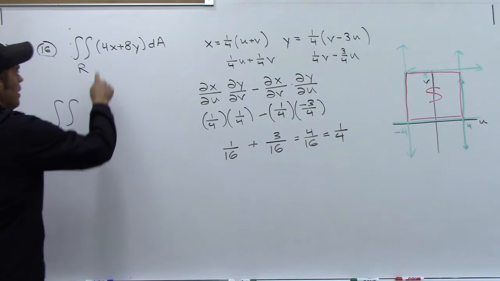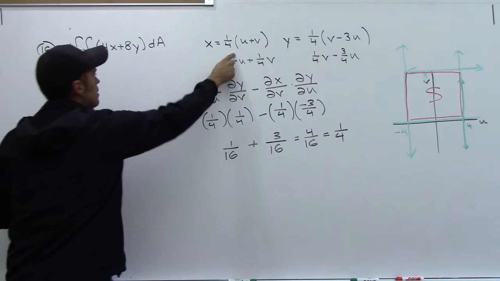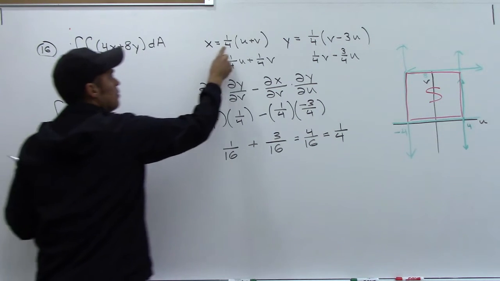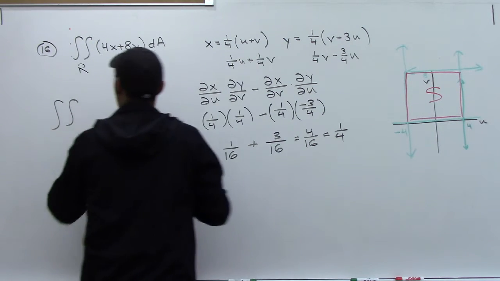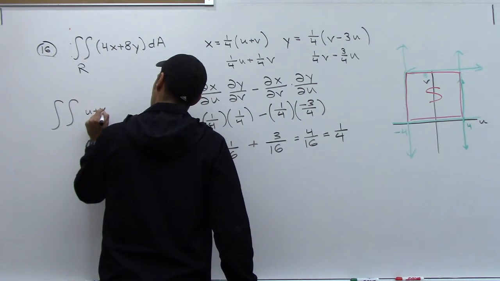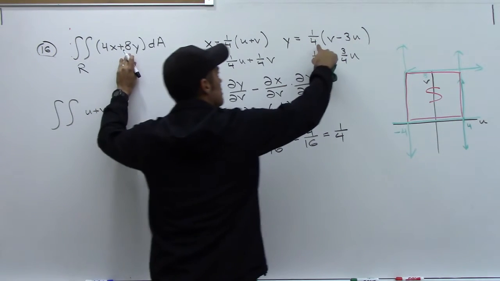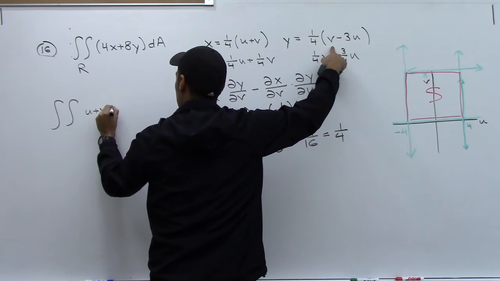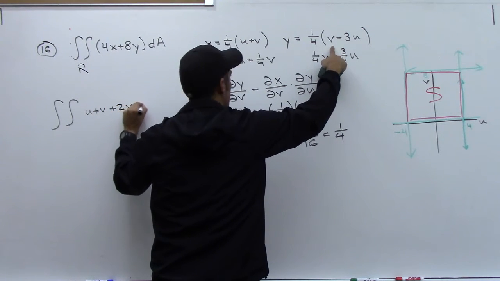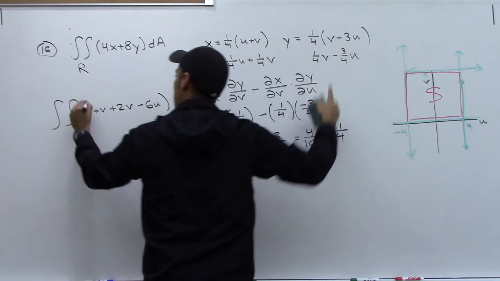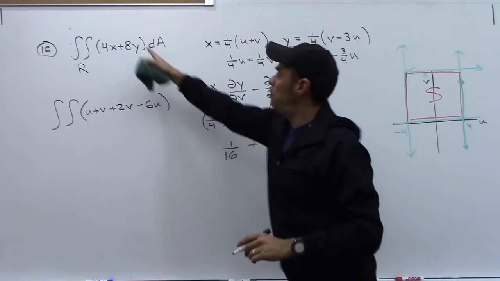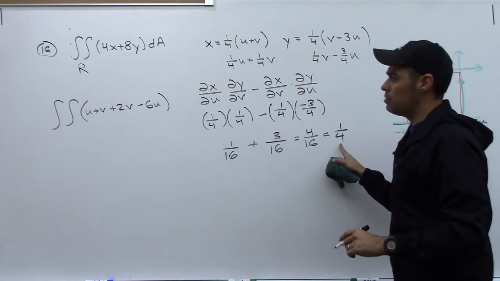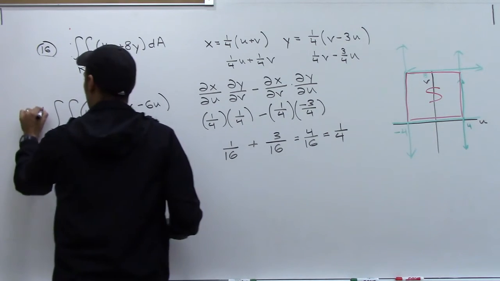So I know that I'm going to have a 1/4 I'm going to have to put in here. I have to rewrite this in terms of this. So what's 4 times x? Well, it's 4 times this. The 4's go away. You just get u plus v. What's 8 times y? Well, it's 8 times this, so 8 over 4 is 2. Distribute a 2 through. You should get 2v minus 6u. Now, that's this replaced. Now, the Jacobian determinant, which is 1/4, I'll pull that completely out because it's a constant.